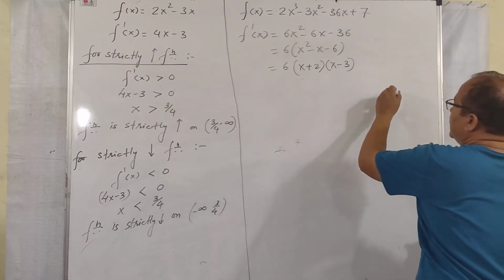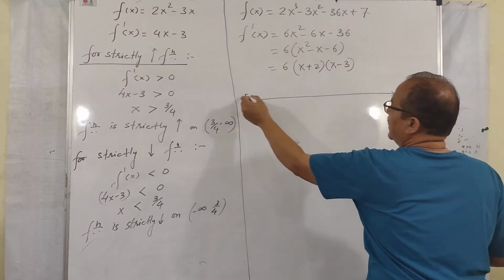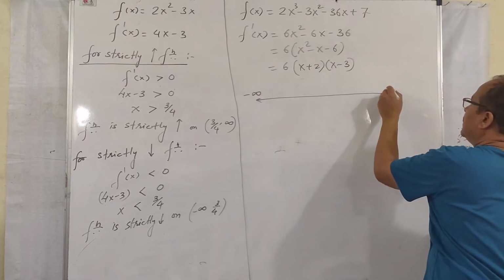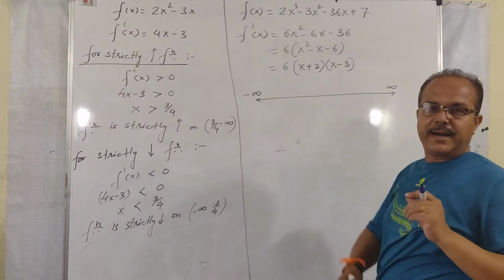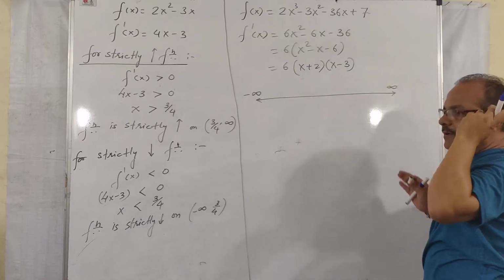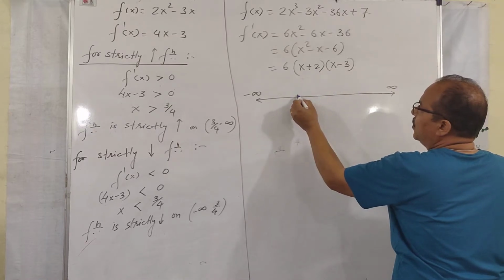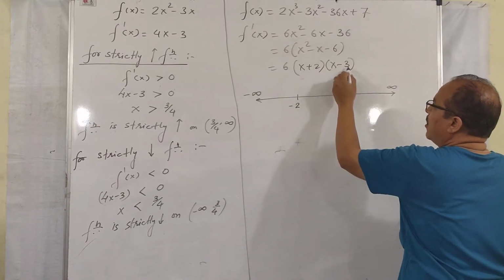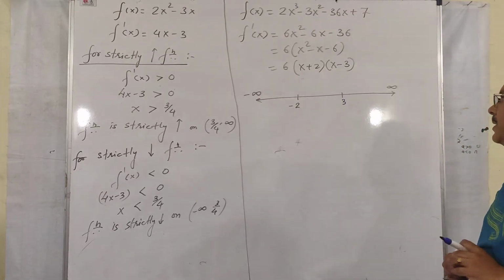For that, students, just draw a number line and mark minus infinity and plus infinity, negative numbers toward the left side and positive numbers toward the right side. The 0 of x plus 2 is minus 2. The 0 of x minus 3 is 3.